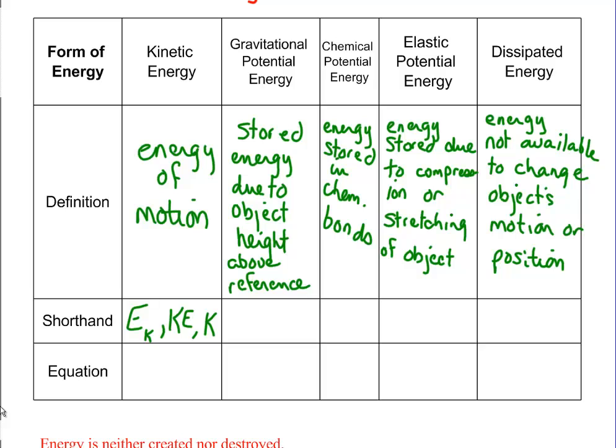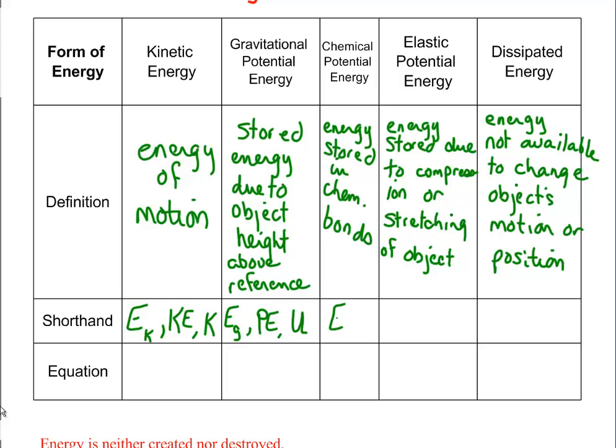Gravitational potential energy, again, energy, and the type of this one is gravitational potential, so it would be EG. Since it's potential energy, and if it's one of the two types of potential energy we're going to talk about in this class, we can call it PE for potential energy, and AP uses the symbol U. Chemical energy, since we're not going to work with it, we don't have to worry too much about it.